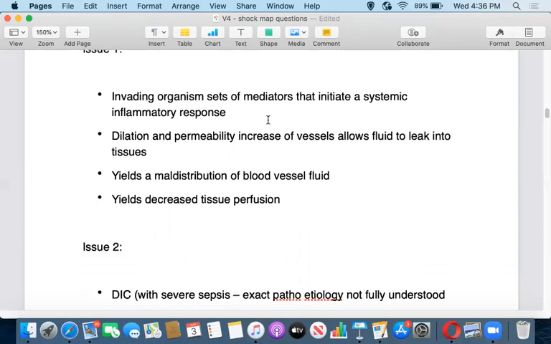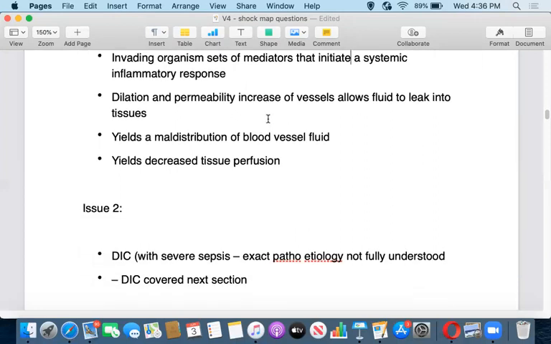Issue 2 is this thing called disseminated intravascular coagulation. Now, we are going to cover that in the next section, so just hold that thought, but that is issue number 2. And DIC comes up a lot with sepsis. We're going to cover that in another section that's coming up.